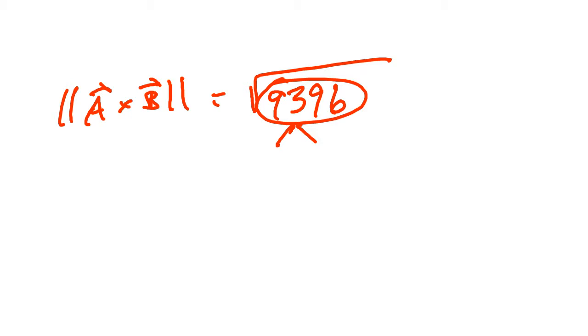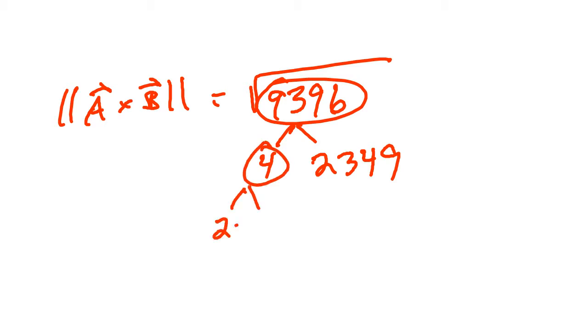But it is divisible by 4. 9,396 divided by 4 is 2,349. Okay, so 4 is a perfect square that lives in there, right? Because it's 2 times 2.